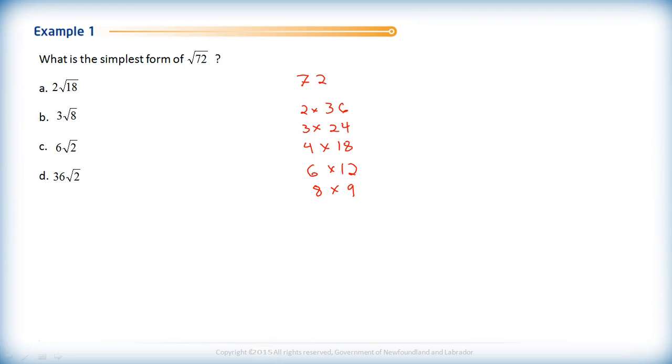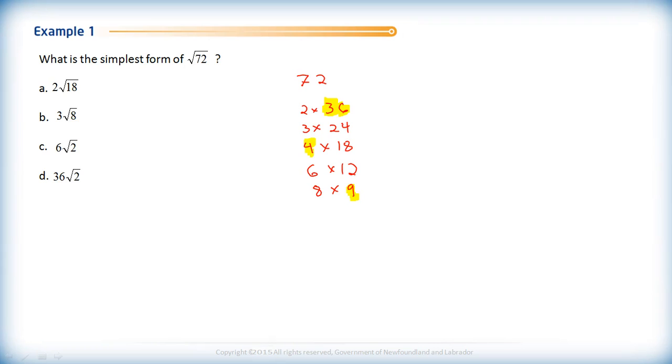And not only are there a lot of factors of 72, but there's a bunch of them that are perfect squares. So for instance, 4 is a perfect square, 9 is a perfect square, and 36 is a perfect square. But remember our rule, when you have multiple options, we try to run with the biggest one, because that gets us to the simplest answer in the end.